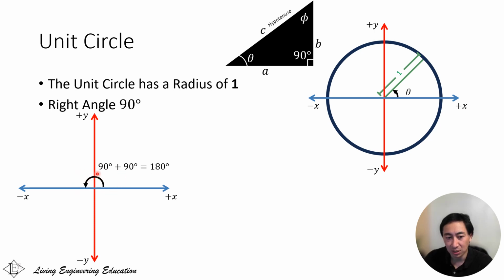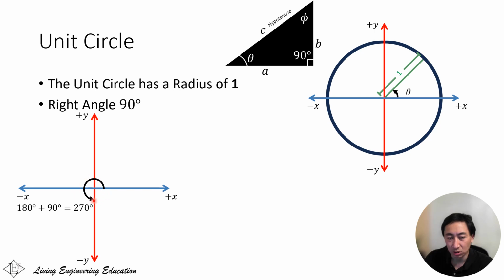So this is 180 degrees. When we have a straight line, this forms a 180-degree angle. If I go from the positive x-axis all the way to the negative y-axis, I get 90 plus 90 plus 90. So 180 plus 90 is 270 degrees, right? So this angle is 270 degrees. You could say this is also negative 90 degrees if you just go in the clockwise direction.